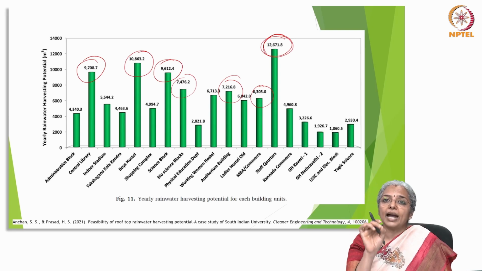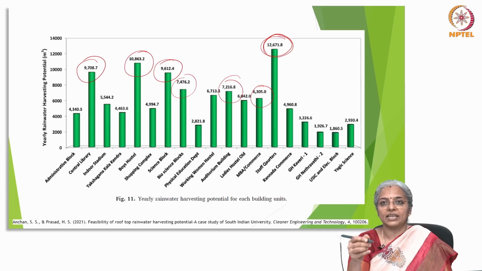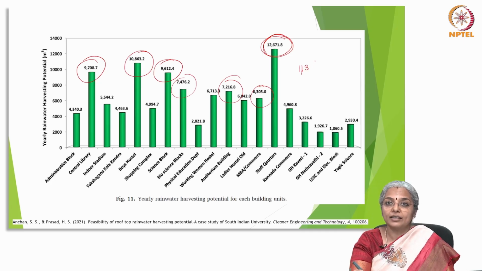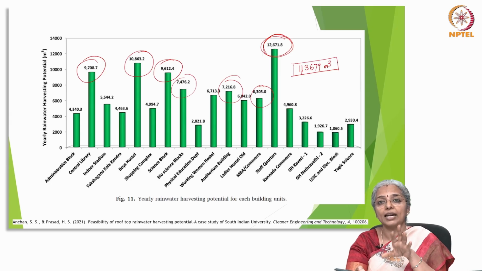The total annual potential for rooftop rainwater harvesting through some of these selected buildings on the campus came to 1,13,679 meter cube. This much water they could collect.